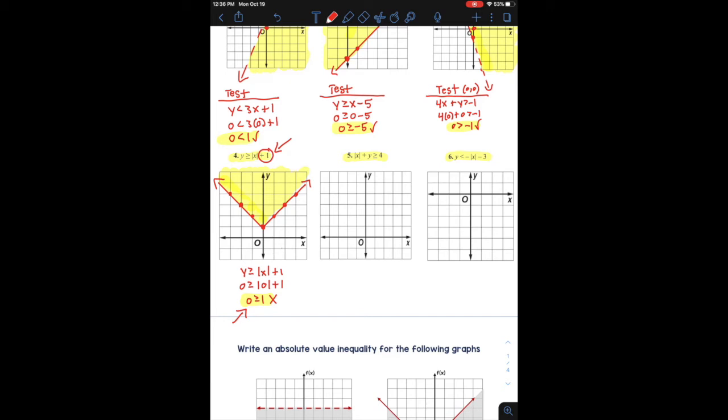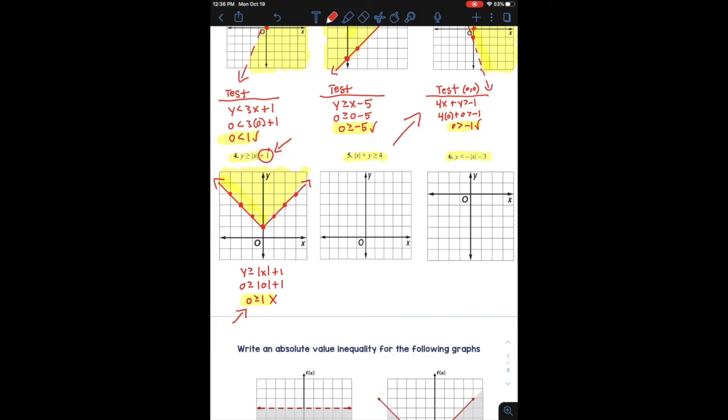Let's take a look at number 5. Similarly to number 3, this is not in the correct form that we graph absolute value graphs. It's kind of like putting it in slope-intercept form such that we want to simplify for y.